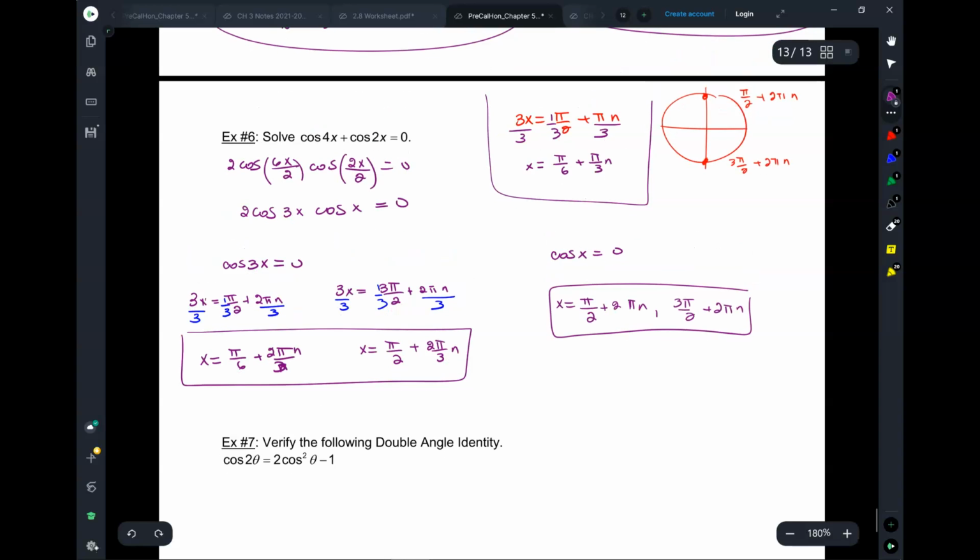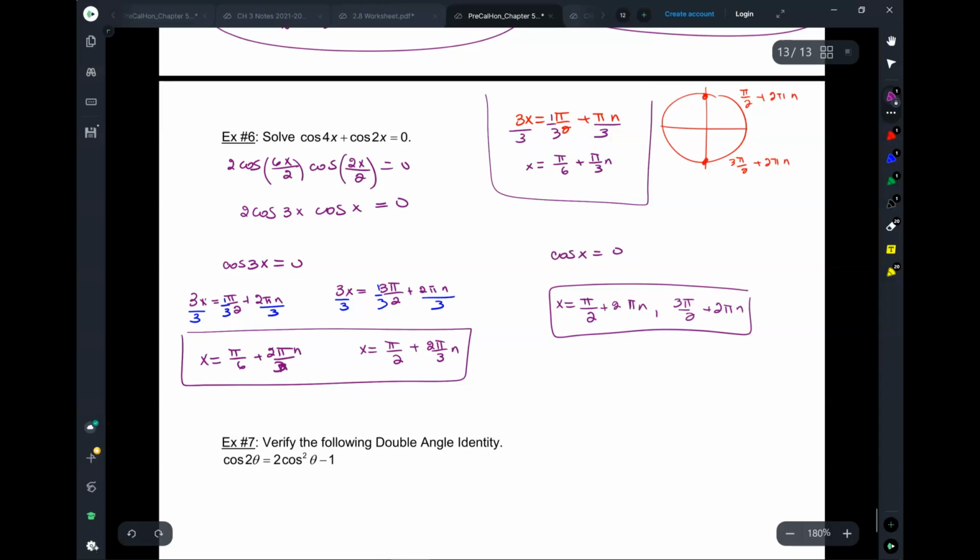The book may or may not write it in this way up here. That's why I was telling you about it. So when you get your answer like this, and the book tells you pi over 6 plus pi over 3n, don't freak out that you did the whole thing wrong. Just know that it's the other way of writing it.